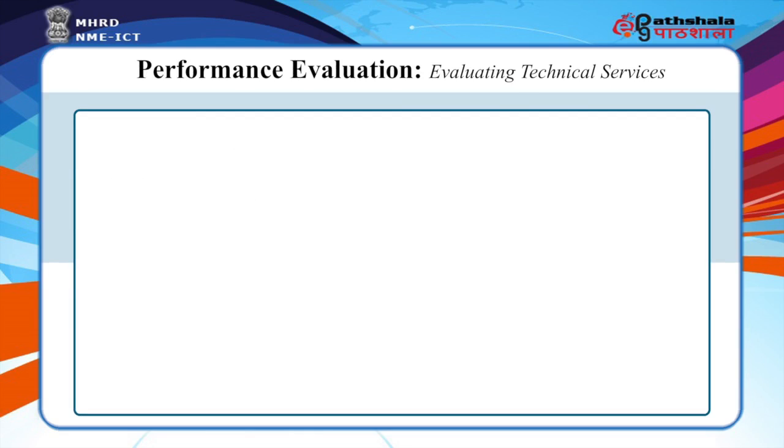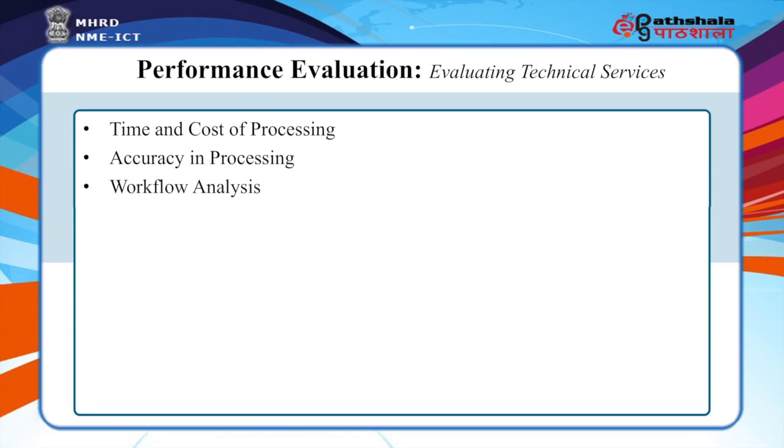Evaluating technical services. Technical services in the library are cataloging, classification and processing of physical materials that are added to the library collection. These services are evaluated on the basis of time and cost of processing, workflow analysis and comparing efficiency of operations to a set of peer libraries.